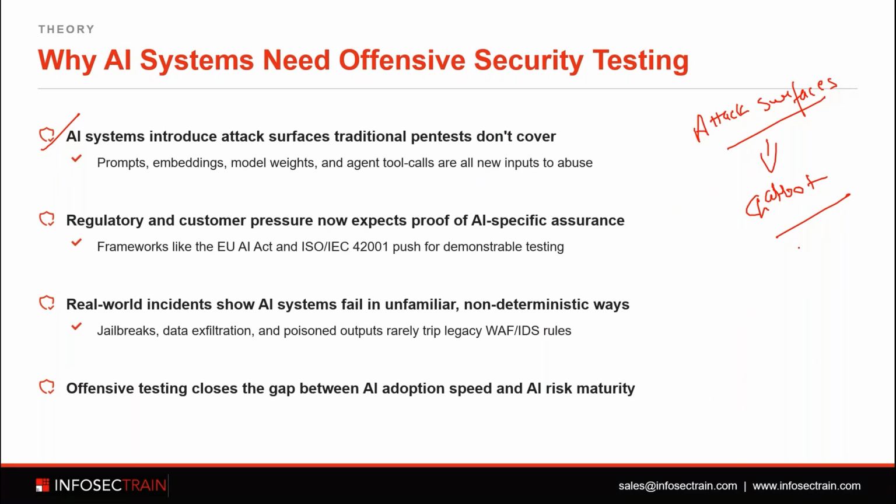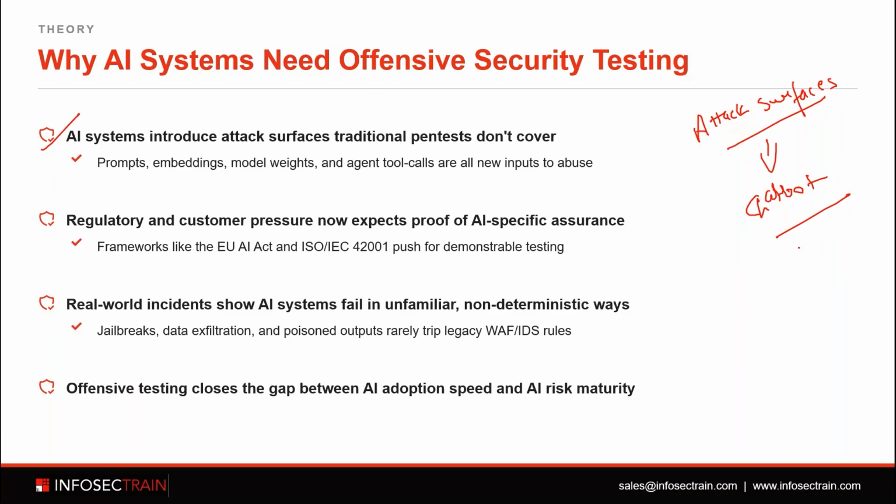That's why we need to perform the test. AI systems are introducing a new attack surface, and traditional pen tests, like a network pen test or web application pen test, won't be covering AI pen testing there.